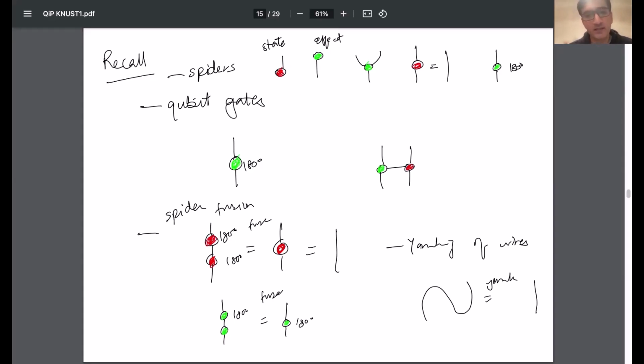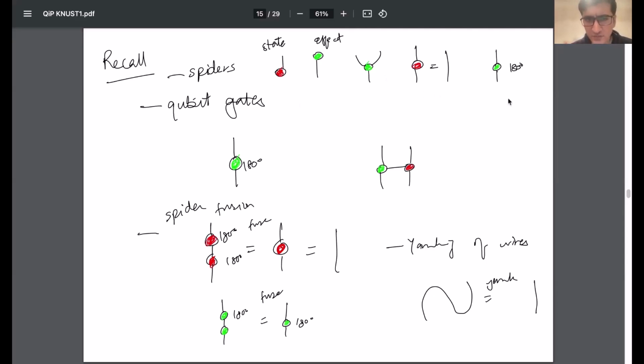The green spider represents the Z basis, if I'm not forgetting, and the red spider represents the X basis. Diagrams made of these red and green spiders are called ZX diagrams, and this diagrammatic representation is called the ZX calculus.